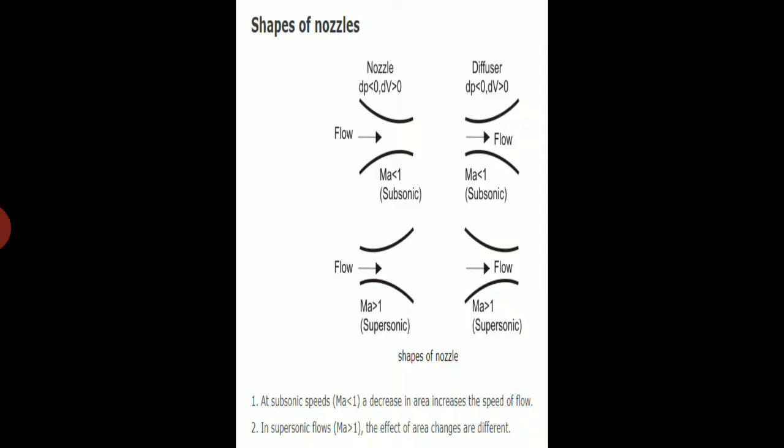As the area decreases, if you see the first figure, the speed of the flow increases. That's what we use in rockets or aircraft. In supersonic flow, in the second figure, with Mach number greater than 1, the effect of area changes is different. So that is what the Mach number and shape of the nozzle indicate.